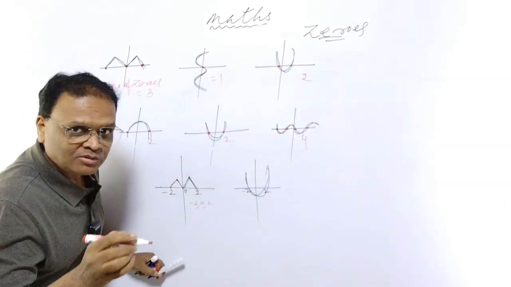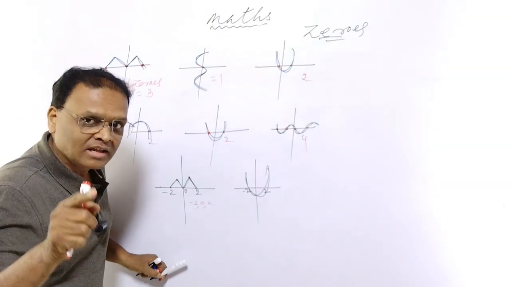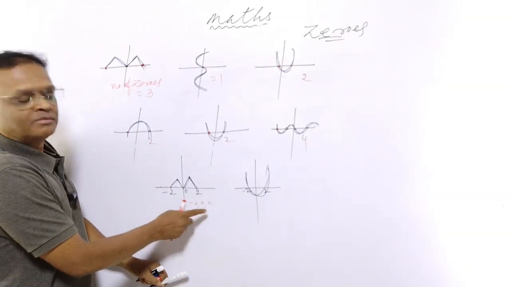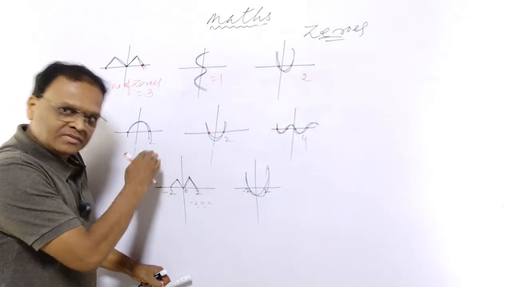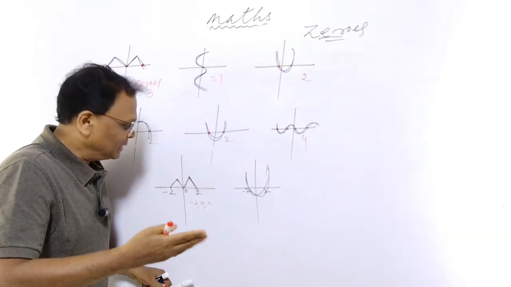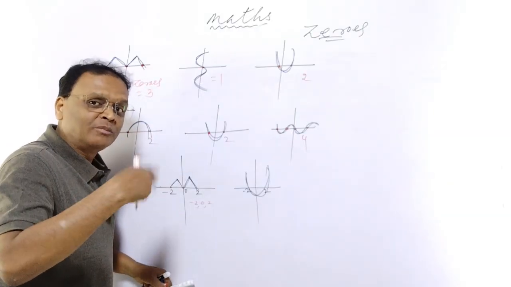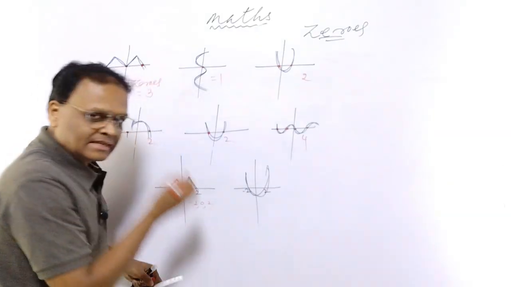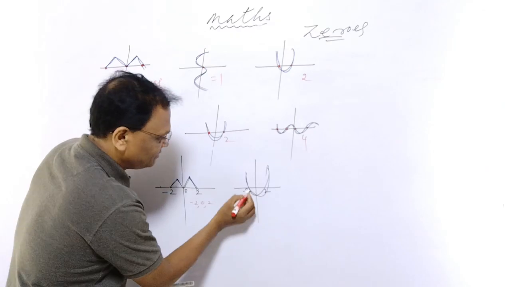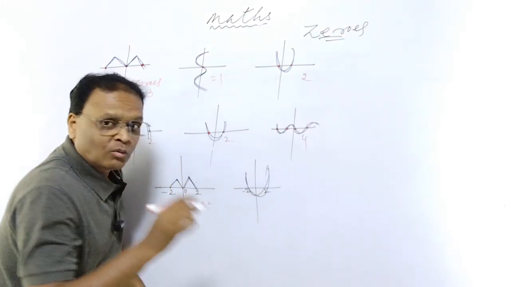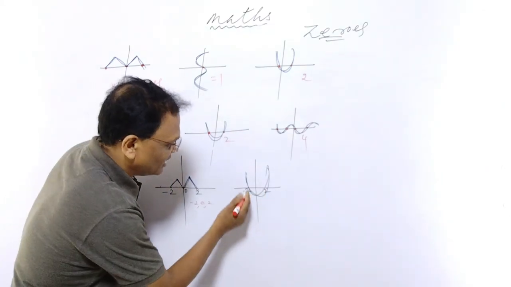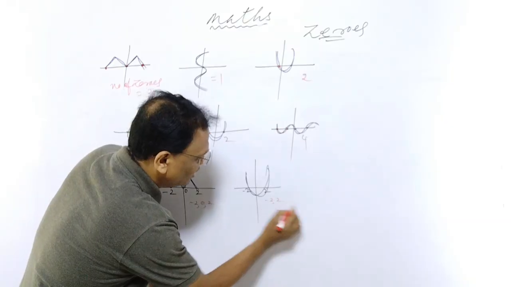So my number of zeros is equal to 3. What are the zeros? These are the zeros: minus 2, 0 and 2. Means what the zeros are and how many zeros there are. In this case, again I can write 2 zeros. But what are those 2 zeros? Those 2 zeros are minus 2 and 2.